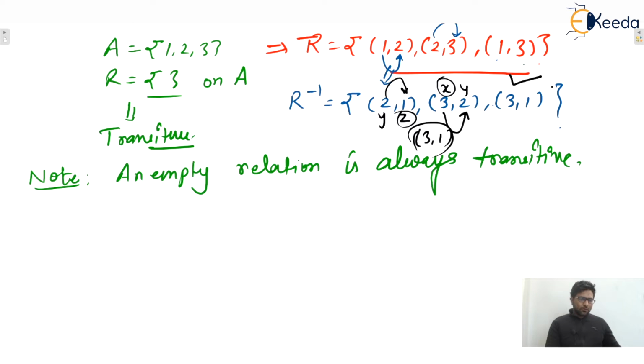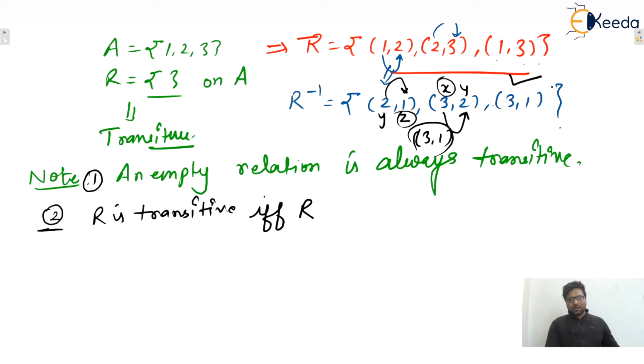Make a note of this second point: R is transitive if and only if R inverse is transitive.